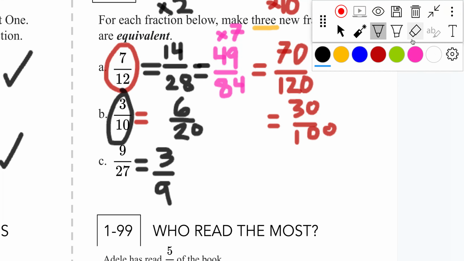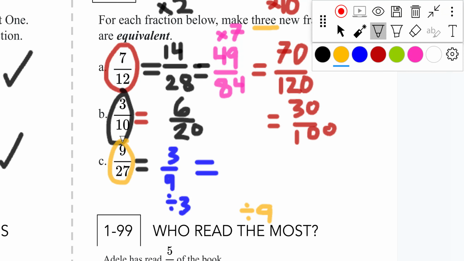So for letter C, we can reduce this to 3 over 9 if we divide by 3. Or, let me actually use a different color here. If I divide by 3 on the numerator and denominator, I will get 3 over 9. Did you get that one? If you did, that's great. And then one more. If I divide by 9 over 9, I would get what? 1/3.